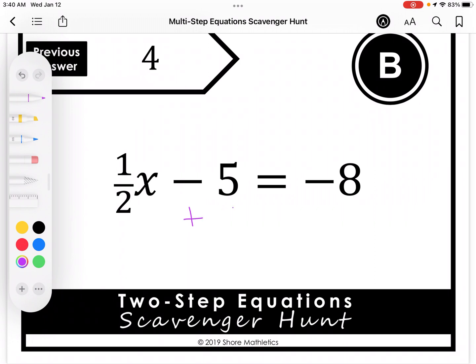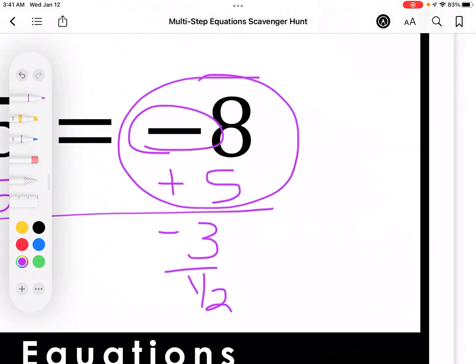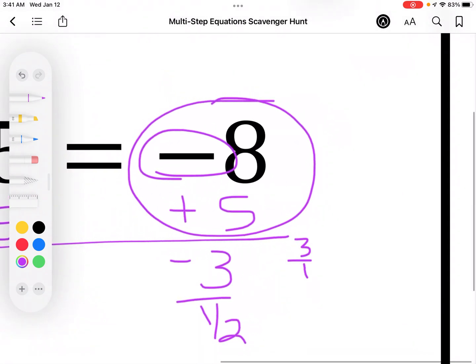All right, I'm going to add 5 to each side. Signs are different, so I have to subtract. I get 3, and it's going to be negative because there are more negatives than there are positives, and I have 1/2 x. So if I have 1/2 x, I'm going to divide by 1/2. That's the same as 3/1 divided by 1/2.